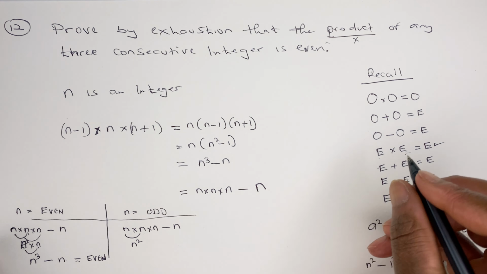And then we take away odd from odd. Odd minus odd is even. So that's even. So that's how you prove that, and hence the statement is true.